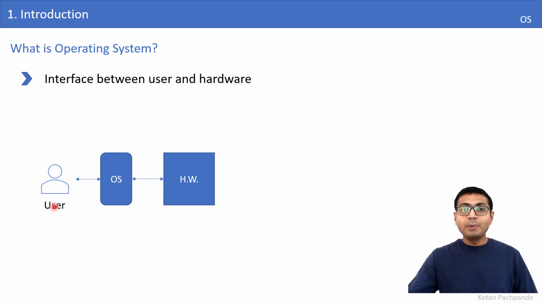Let's assume that when you buy a laptop from the market, or let's say a mobile, and you as a user want to use the hardware, it is nothing but the hardware. So with that laptop or mobile, there is an inbuilt operating system installed, with the help of which you use the hardware such as speaker, mouse, keyboard, monitor.